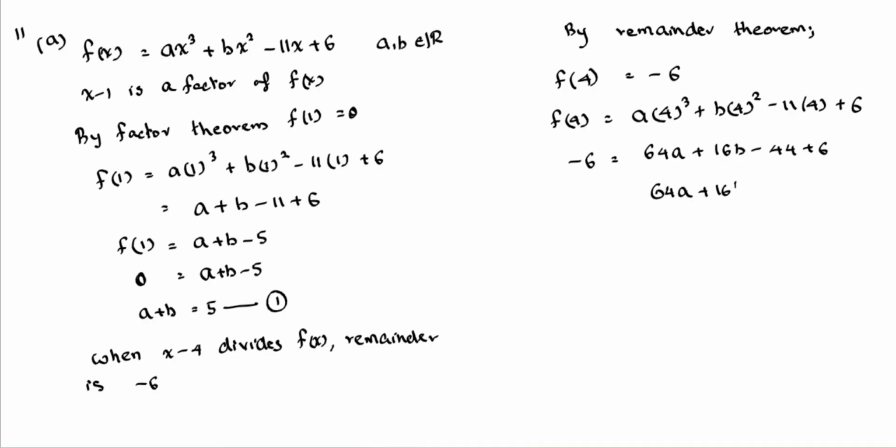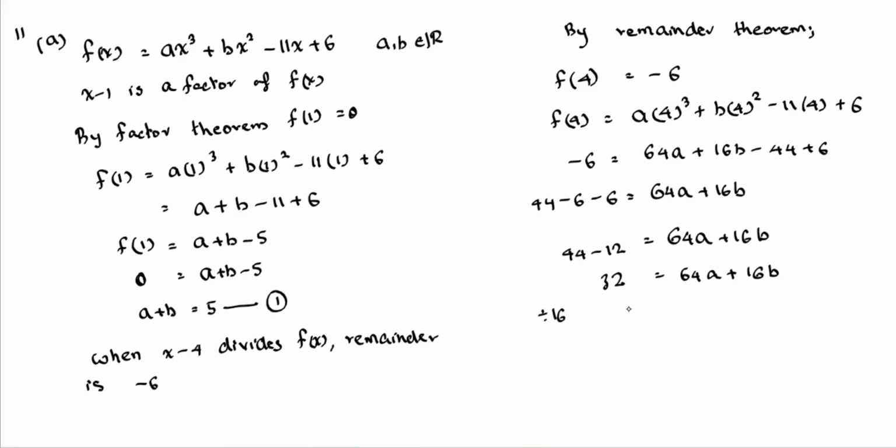So 64a plus 16b equals, taking this to the other side, 44 minus 6 minus 6, which is 44 minus 12, which is 32. All of these numbers can be divided by 16, so divide all by 16 and you will get 2 equals 4a plus b. This is equation 2.